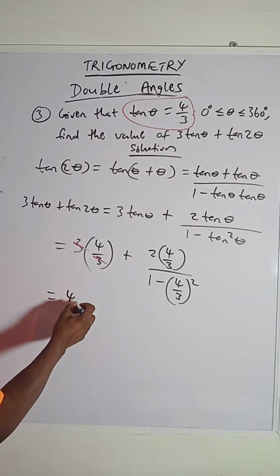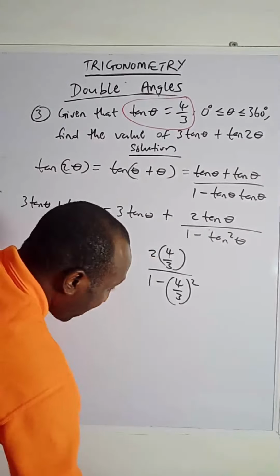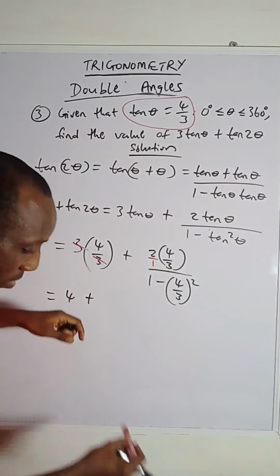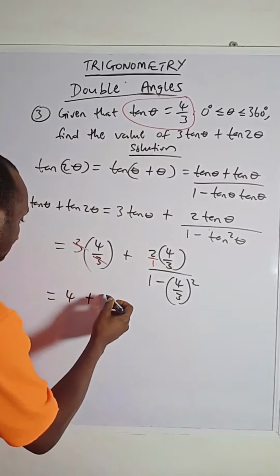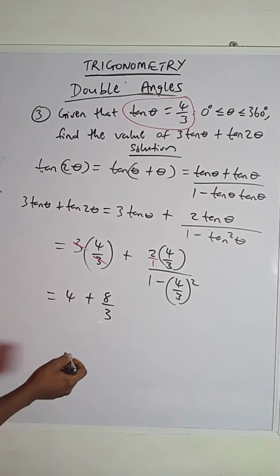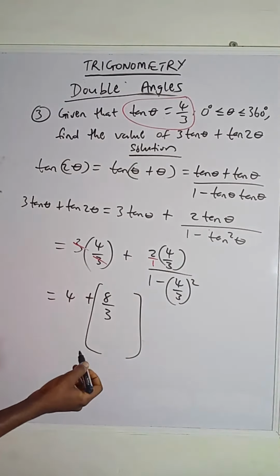So this is just 4 here, plus 2 will multiply 4. You know that this 2 can be written as 2 over 1. So you have 2 times 4, which is 8, then over 1 times 3, which is 3. It's good to separate this so you don't make any mistake.